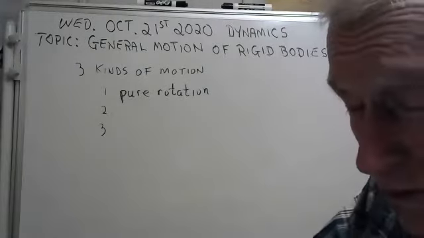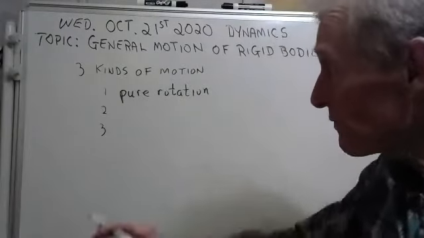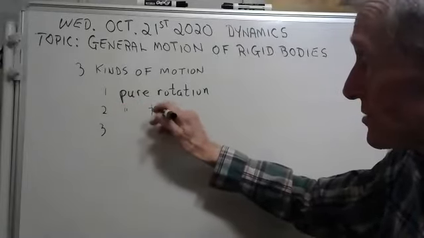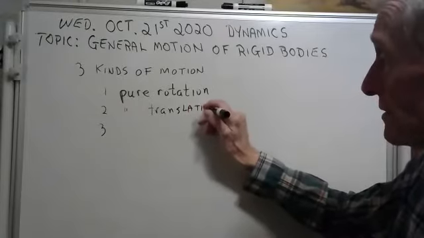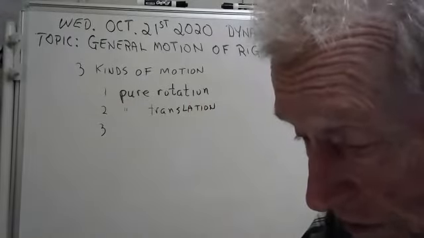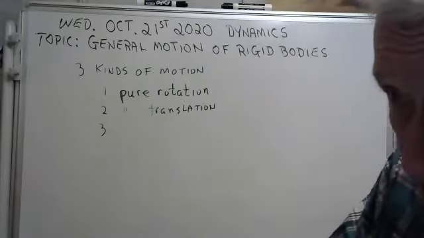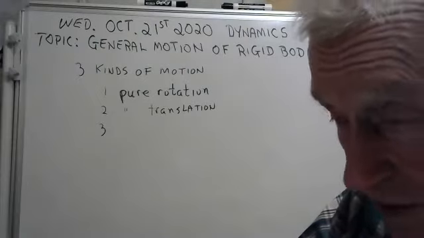But I've written them for you before. They're in the flap of your book. And then there's pure translation. That's where you don't rotate. Your body can go in 3 dimensions in all kinds of zigzaggy, crazy ways, but it can't rotate.